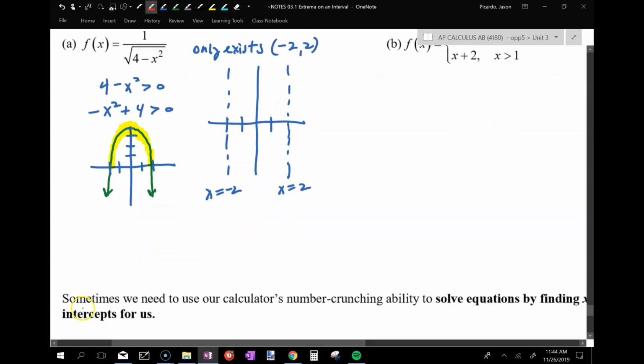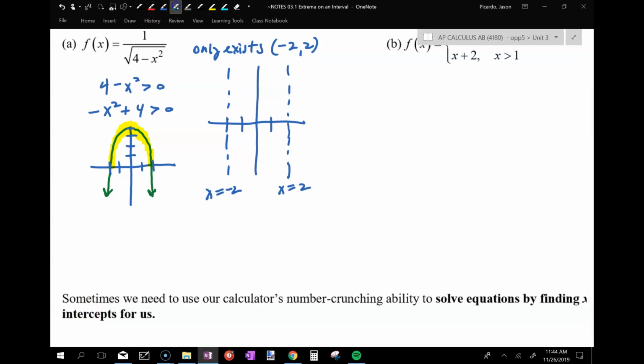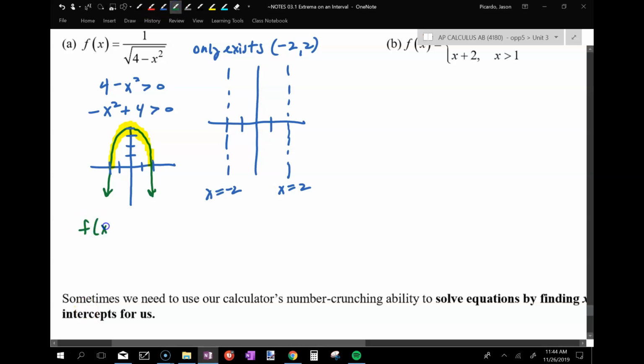Now, guys, again, I want to make my life easier. So am I going to really use the quotient rule here? No, I'm going to rewrite it as 4 minus x squared raised to what power? The -1/2. You guys are smart. Now, what does that require me to use? Chain rule. Okay, what's the derivative of the inside?